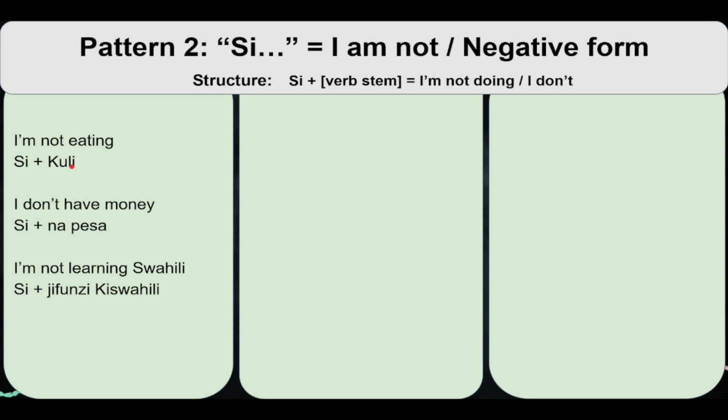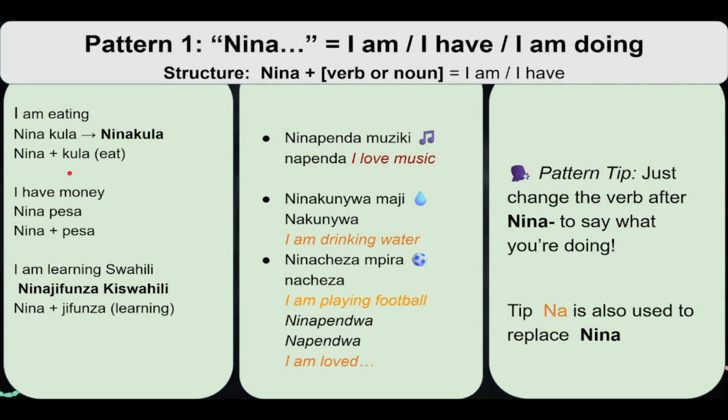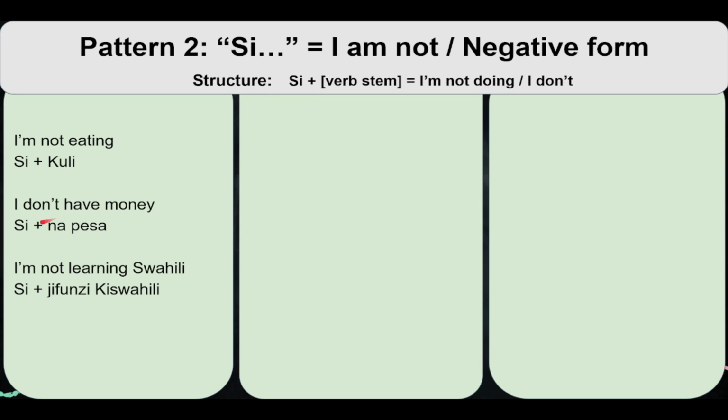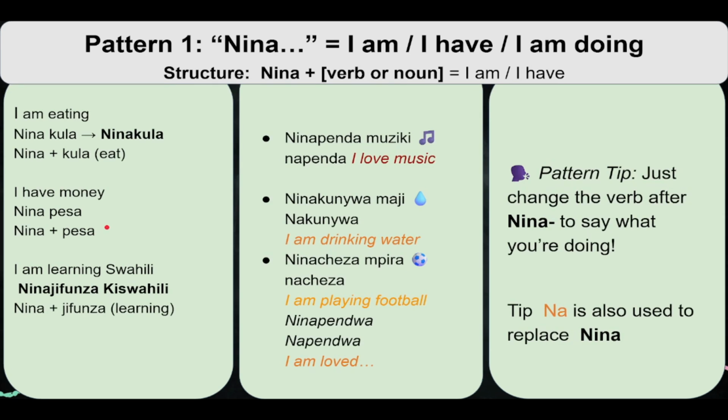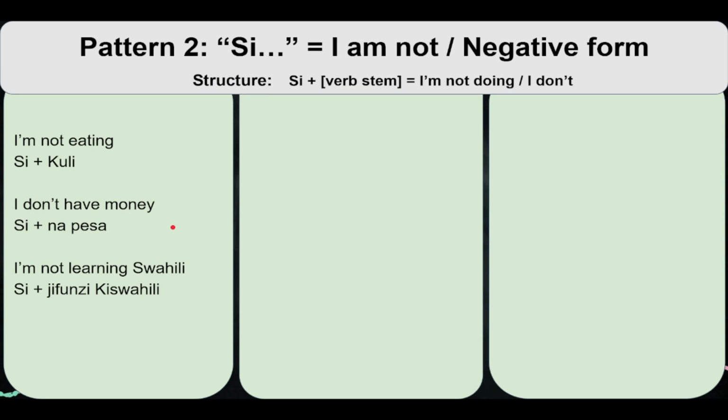Nina pesa, right here. Sina pesa. I don't have money. Najifunza Kiswahili, right here. So how do you say that? I'm learning Swahili. Ninajifunza Kiswahili. How would you say I'm not learning Swahili? Well, right there.